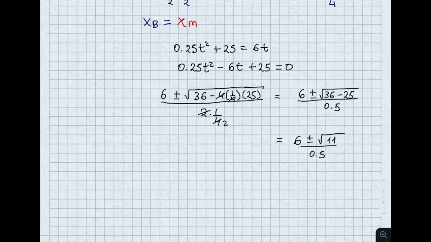You just need to catch the bus, and that would be the first or initial intersection. So you have 6 plus the square root of 11 divided by 0.5, or 6 minus the square root of 11 divided by 0.5.